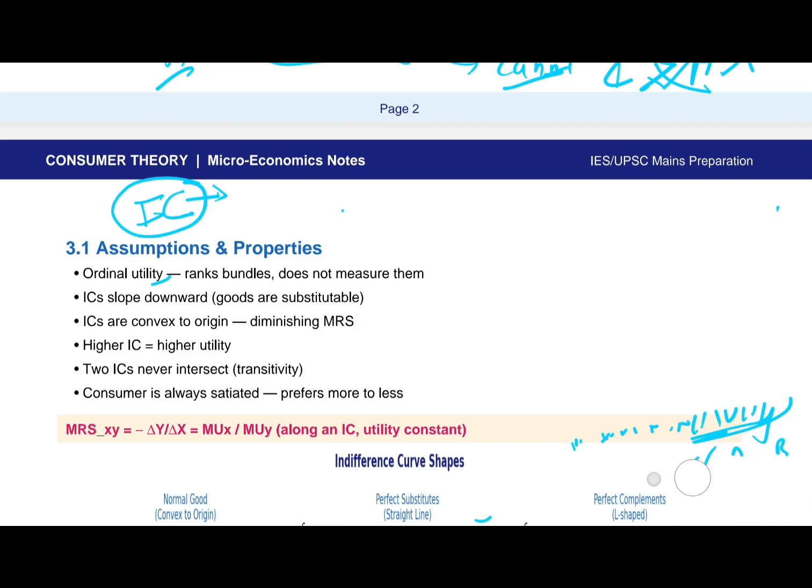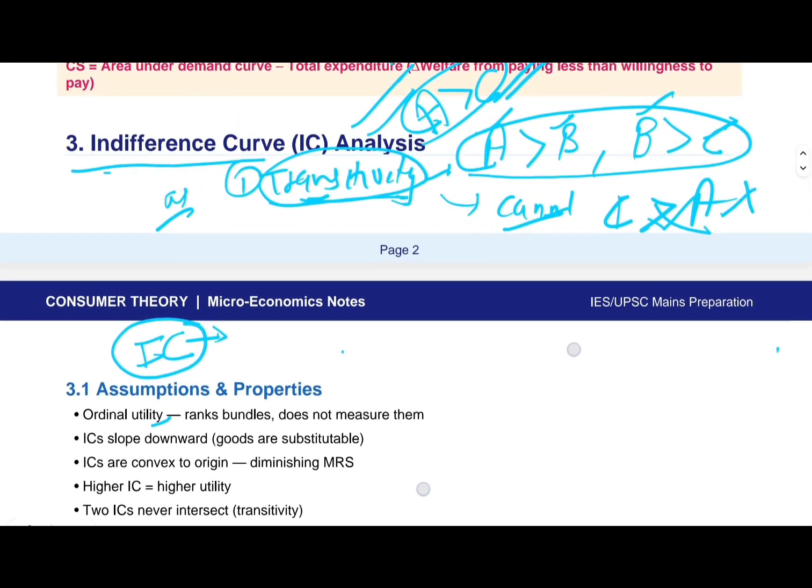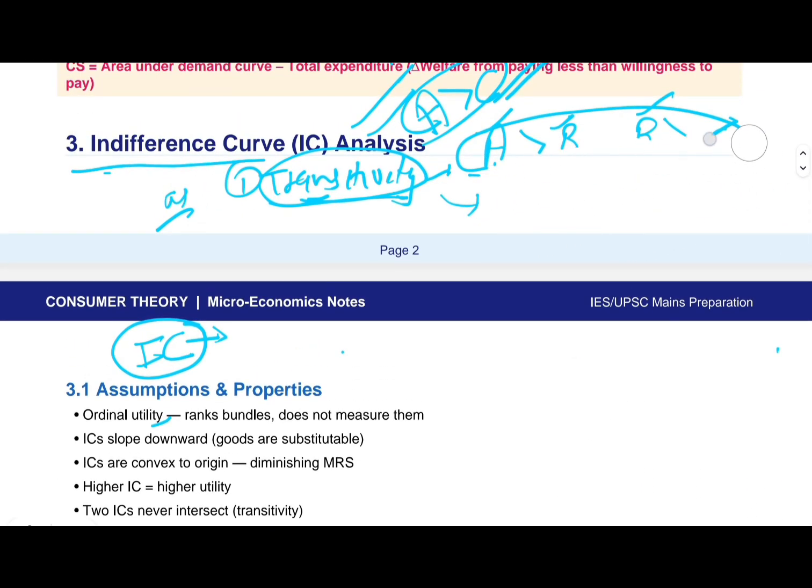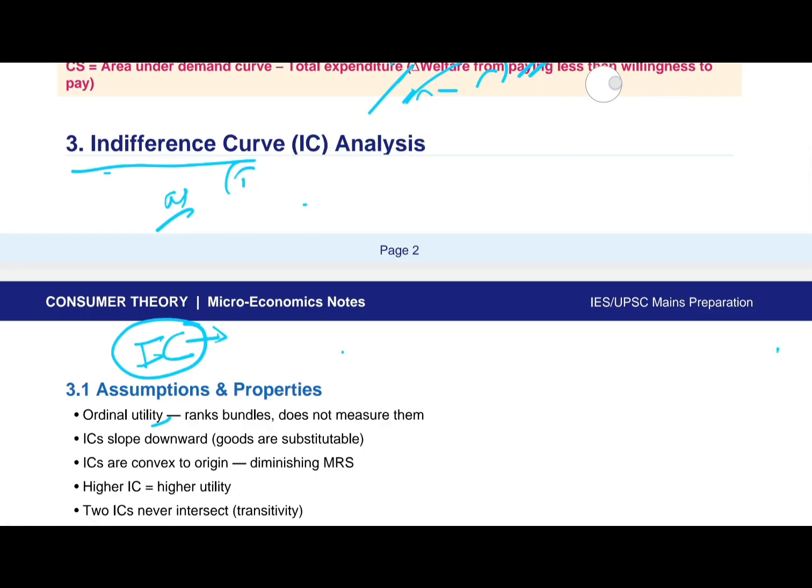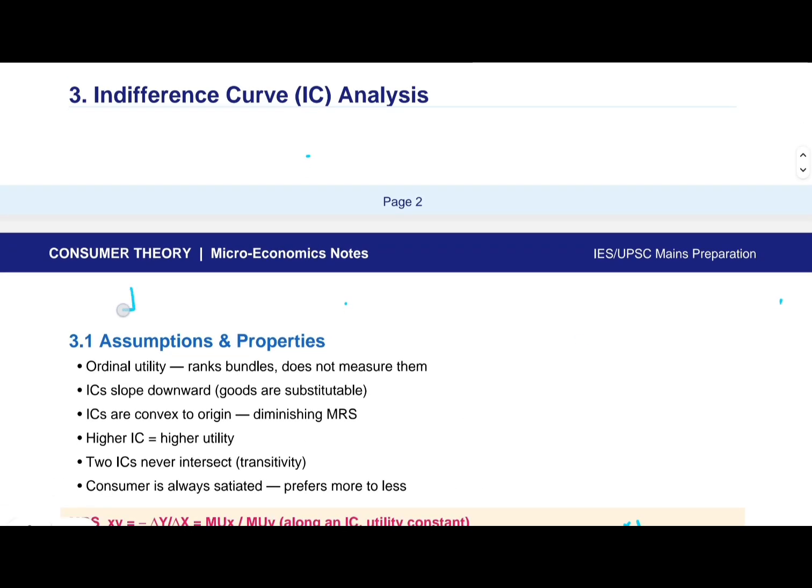Let me erase this first and then we will discuss the indifference curve and its properties. Indifference curve tells us all those combinations of goods which give an equal amount of satisfaction.